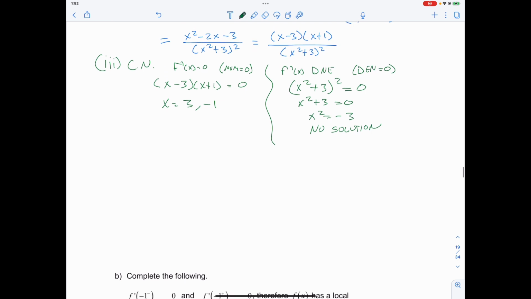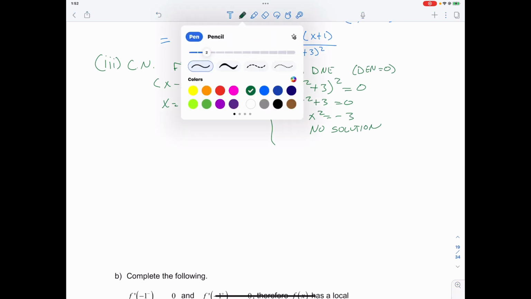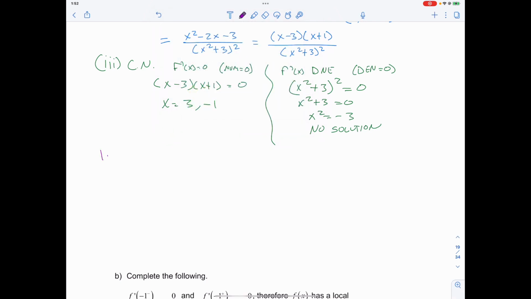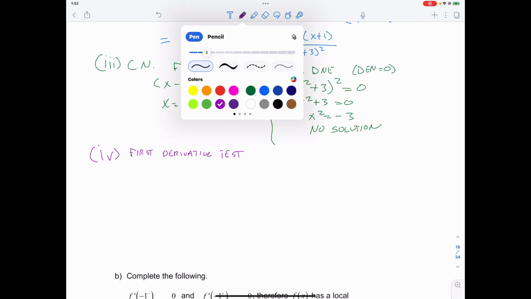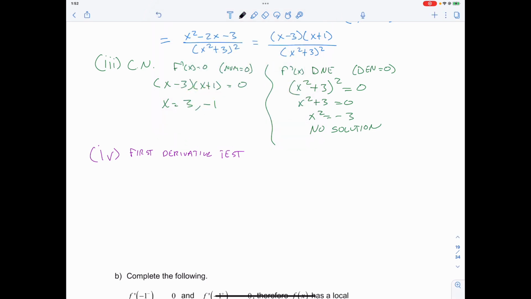Then I'm going to do my first derivative test. What I'm going to do for my first derivative test is create a number line.